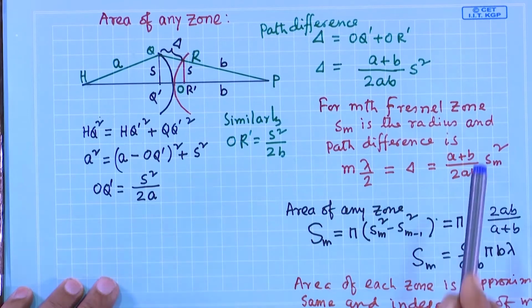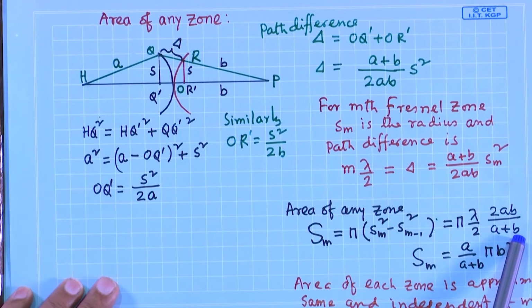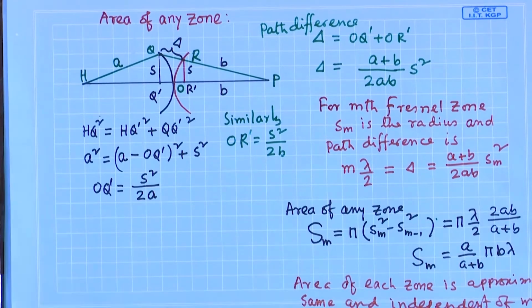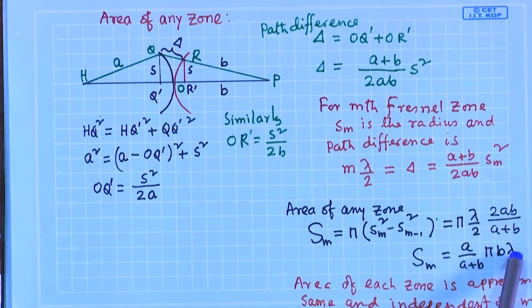From here you can find out that S m equals A by A plus B, pi B lambda. Okay. One interesting thing you can see is that although we found the area of the mth zone, it is independent of m.